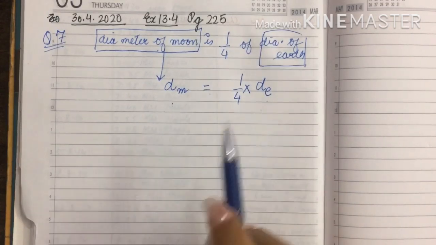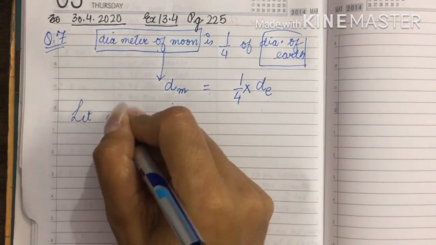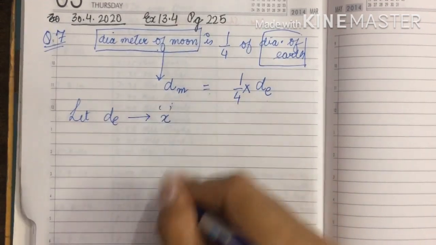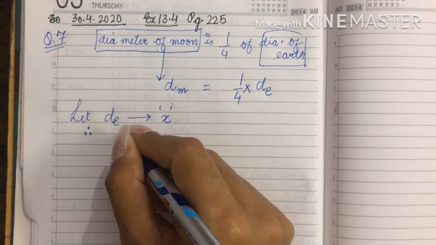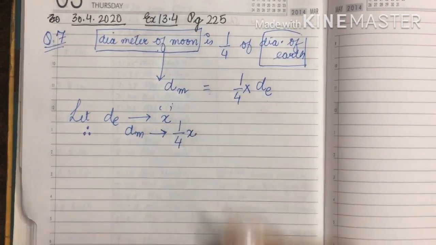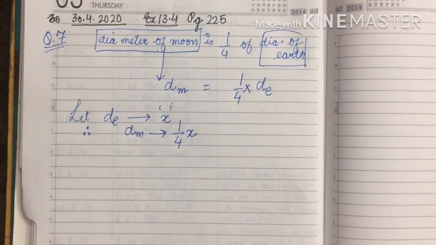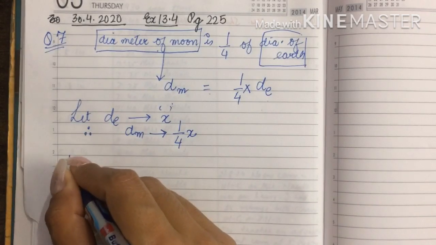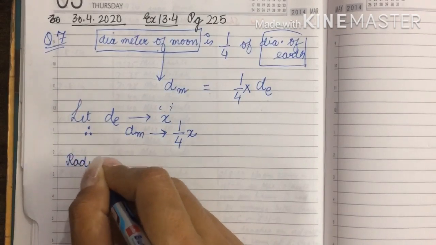Let us assume that diameter of earth is x. Therefore, the diameter of moon will be 1/4 x, 1/4 of the diameter of earth. From here, we can find out the radii of the two.